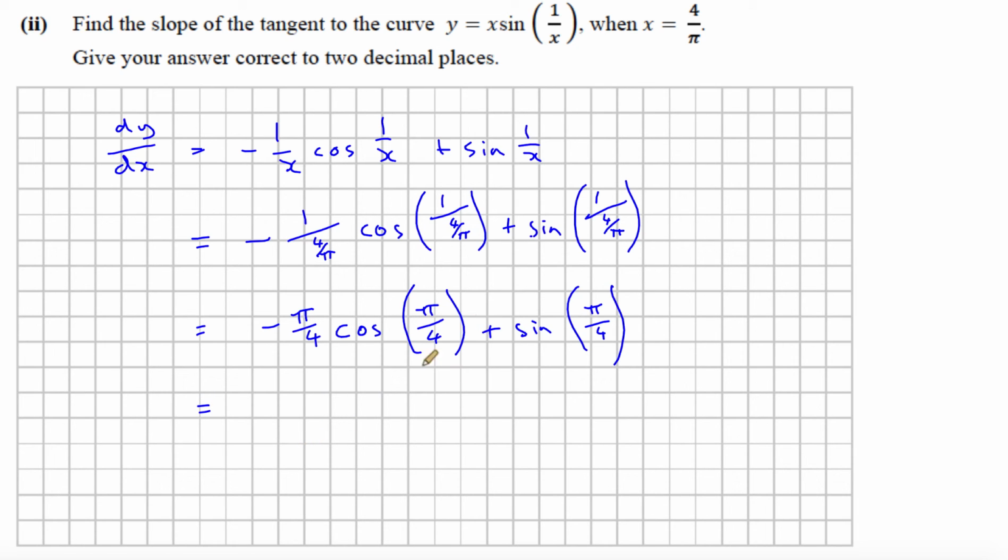Okay, so when I put all of this into my calculator, you can just do this all in one go. And make sure your calculator is set to radians when you're doing this.